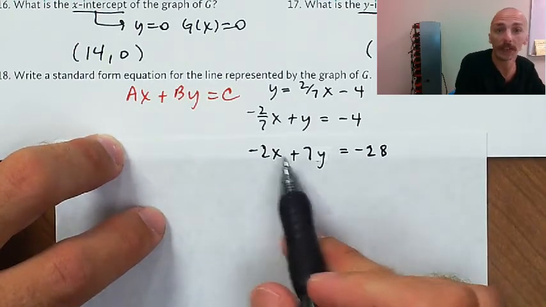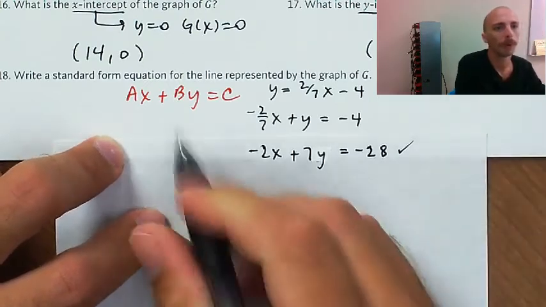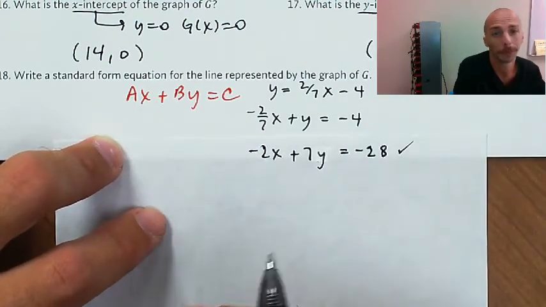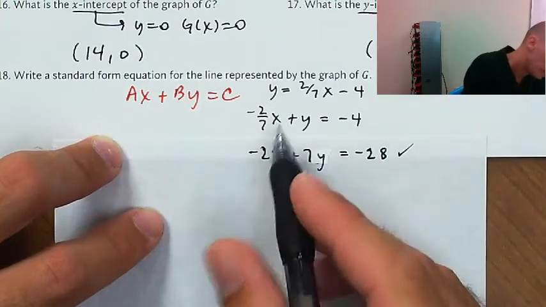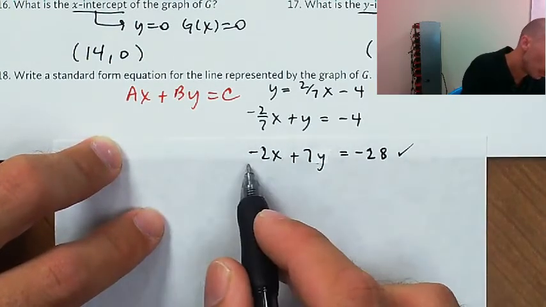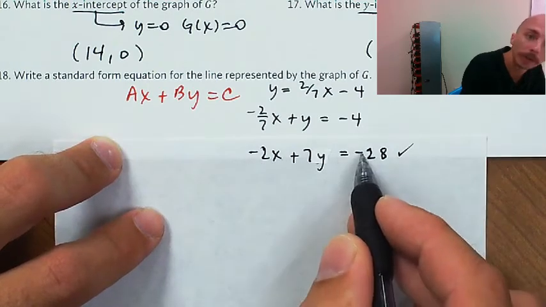And that's a standard form equation. Check. But maybe you want a to be positive. Maybe you think a always has to be positive in standard form, which I don't know. Maybe it does, maybe it doesn't. If that was the case, then I would multiply both sides of this equation by negative 1, and then I would have positive 2x, negative 7y, and positive 28.